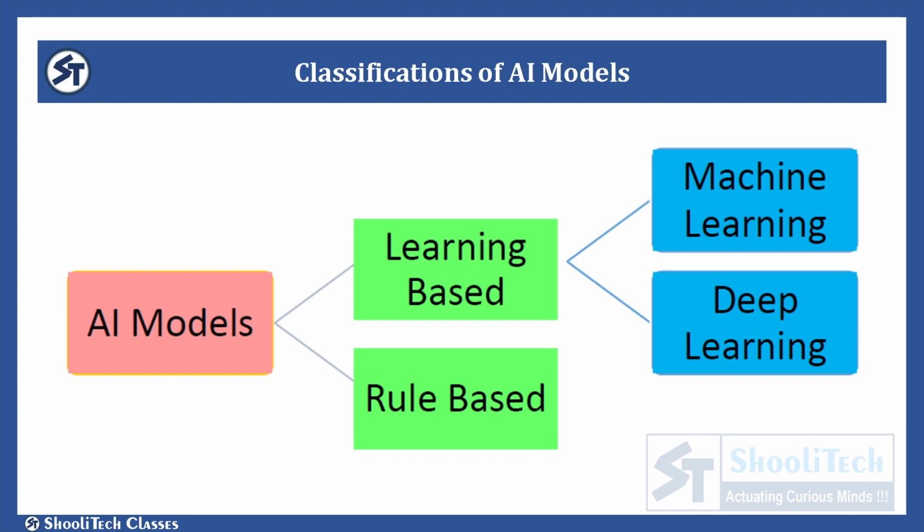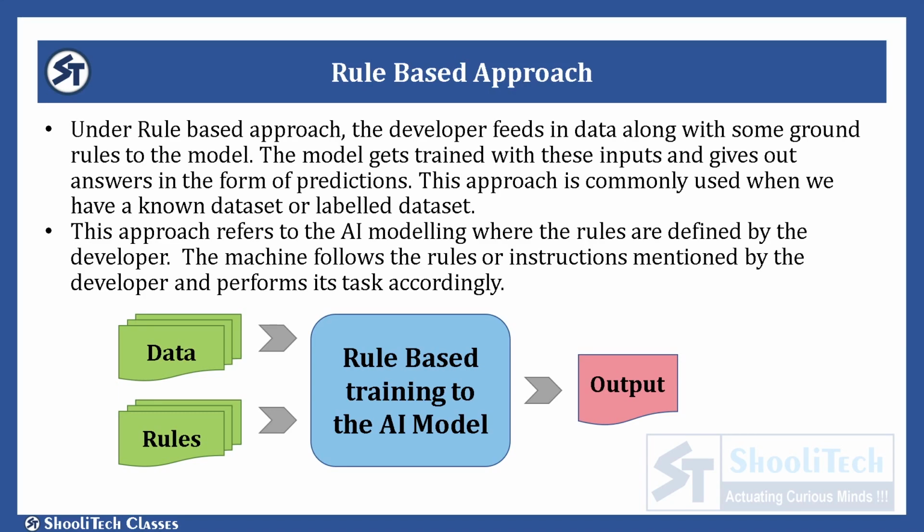Now all the algorithms that we have seen in our previous slide can be divided into two categories. One is rule-based and one is learning-based. And now we will learn how the rule-based approach works. We know that data is the first requirement to train any AI-based model. In the rule-based approach, we provide two things.